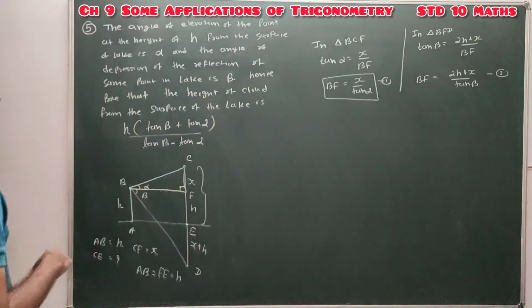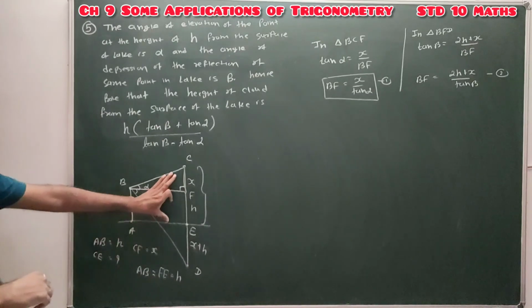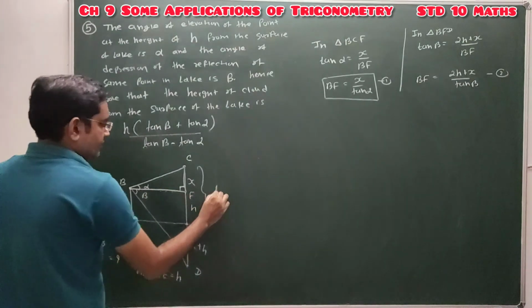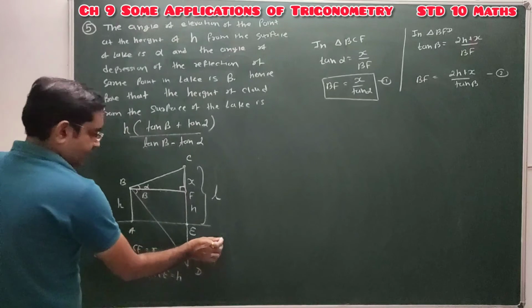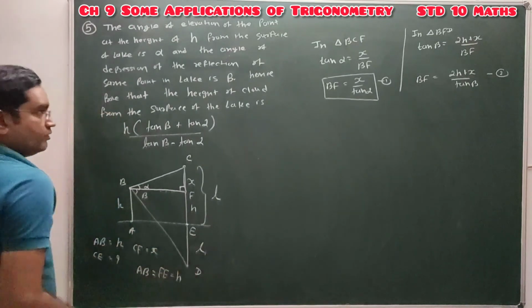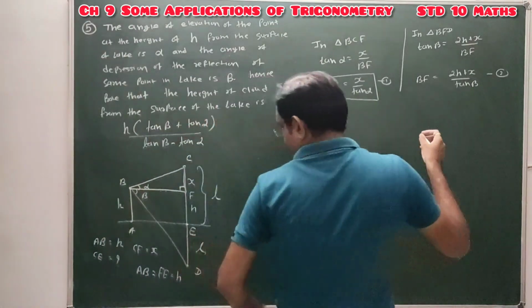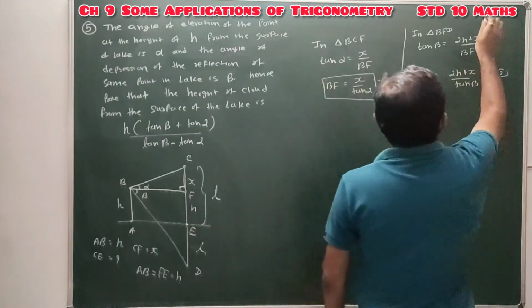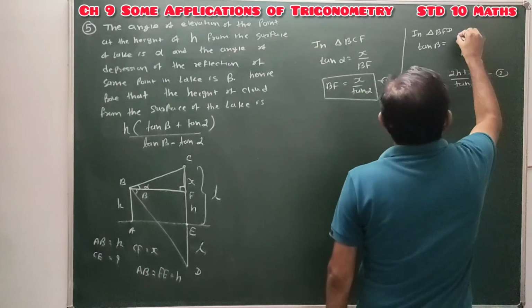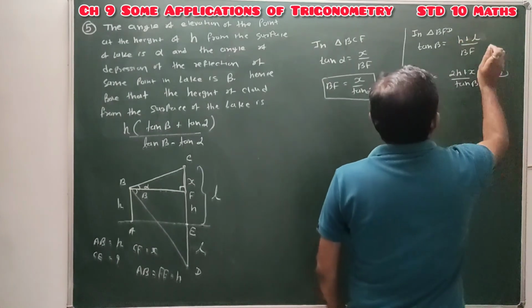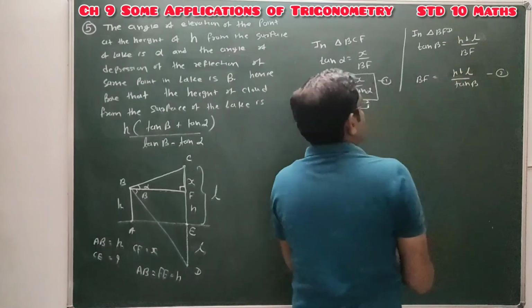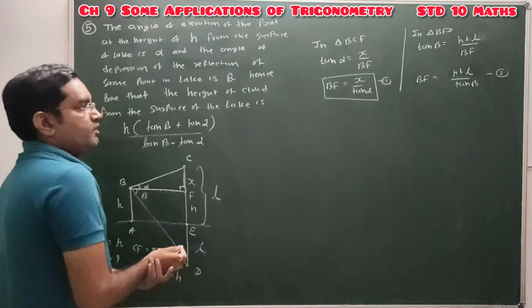If you have to prove the height of the cloud from the surface, that means the height of the cloud from the surface is x plus h, take this x plus h as L. So here we will write L plus h, since we will prove it in the form of L. So this is our result 2.